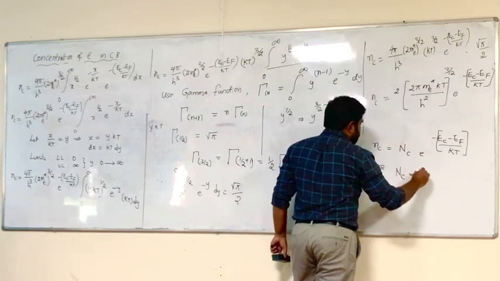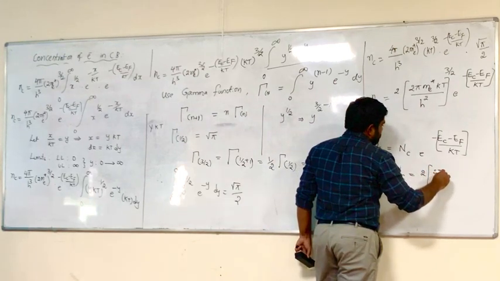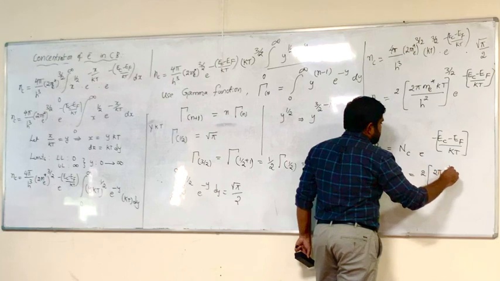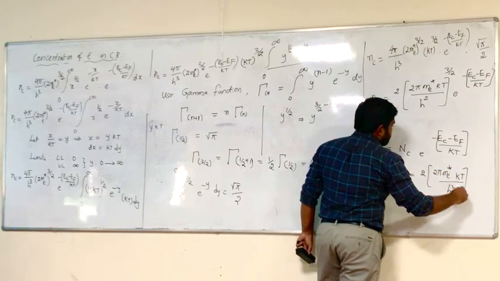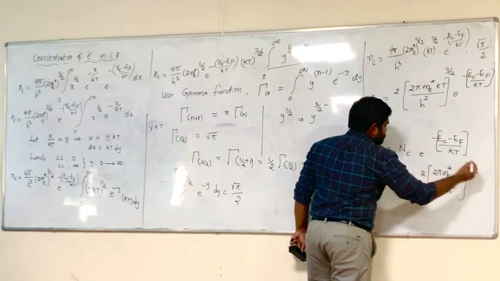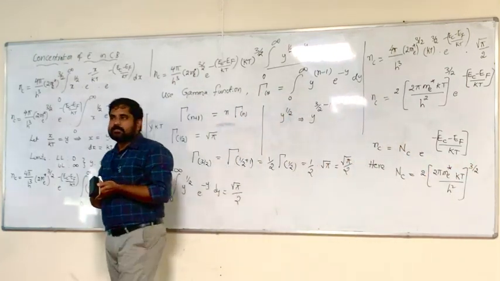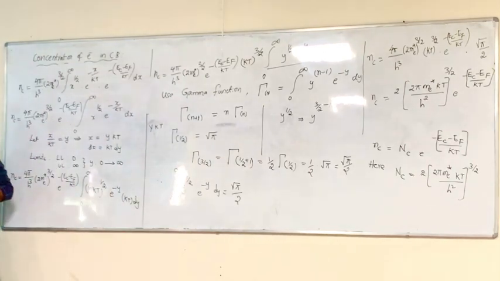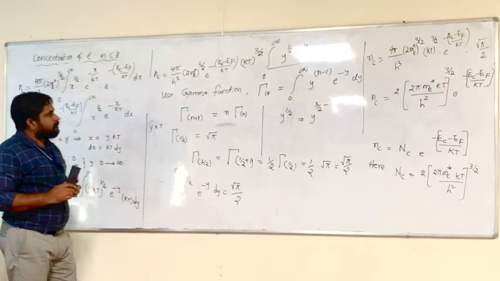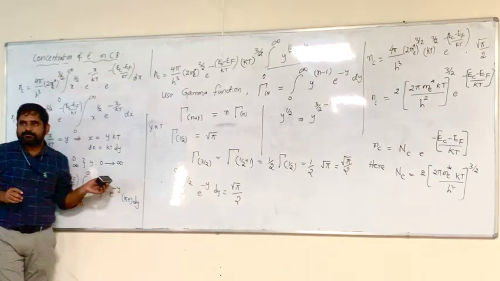Capital NC equals 2 into (2 pi m star kT by h square) to the power 3 by 2. NC gives the total number of electrons in the conduction band. This is where the derivation was. So any doubt?